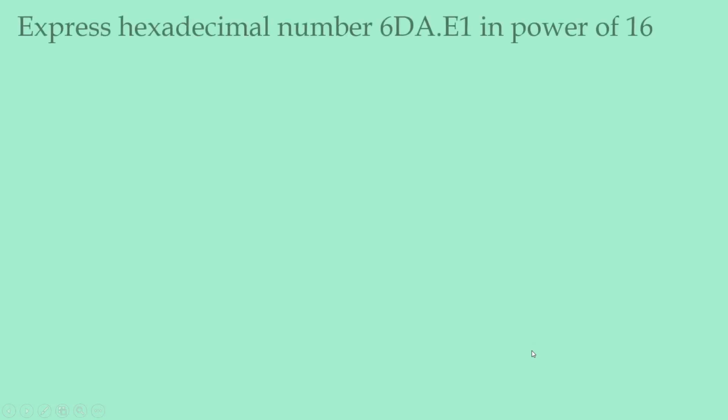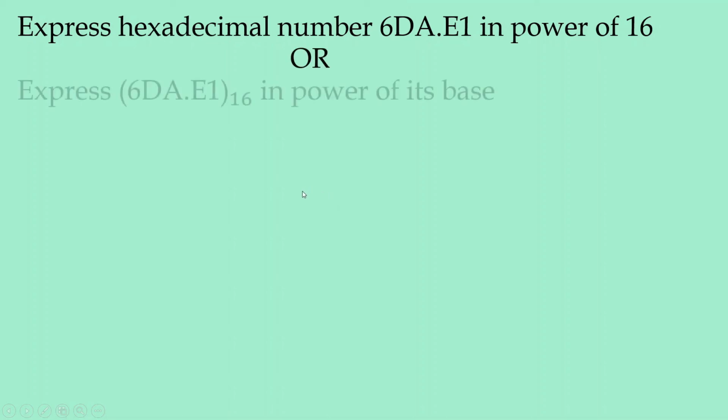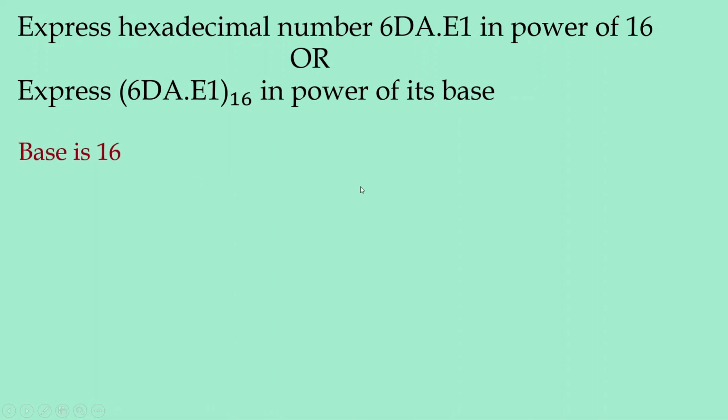Now we will see how to express hexadecimal number 6DA.E1 in power of 16. As alphabets like D are included, it is understood that it is a hexadecimal number system. All the questions will be expressed in the power of its base. Base is 16.